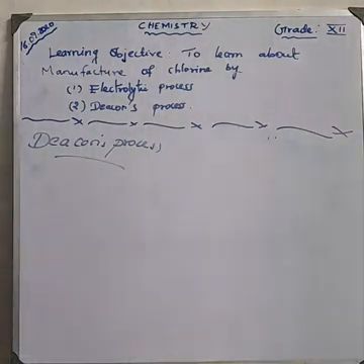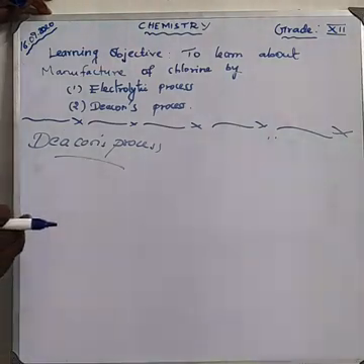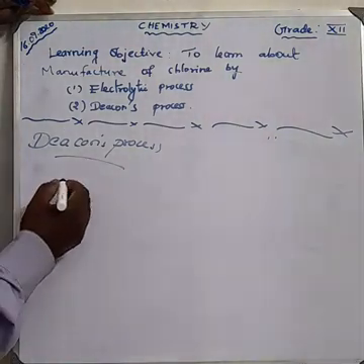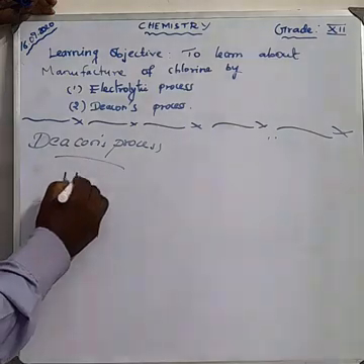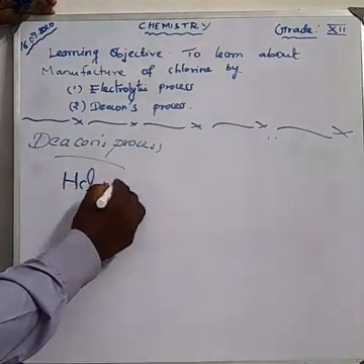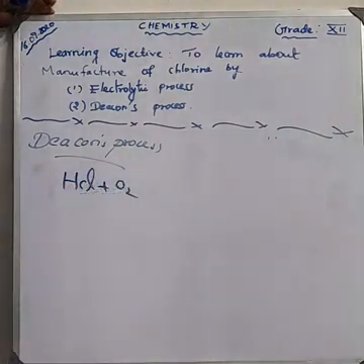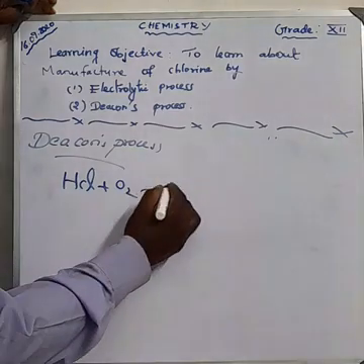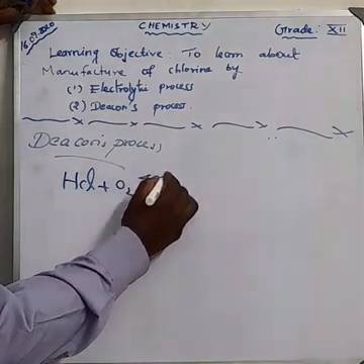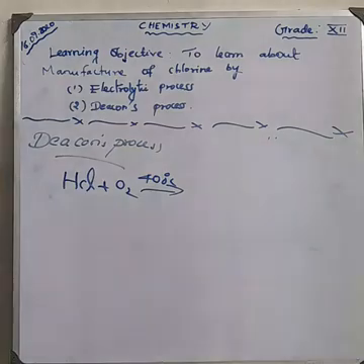The mixture of air and hydrochloric acid is passed into a chamber containing a number of shells, and pumice stone is soaked in cuprous chloride. That means hydrochloric acid is added with oxygen, and the temperature is about 400 degrees Celsius. The equation is very important.